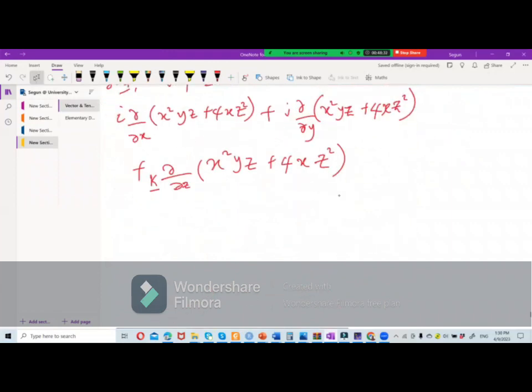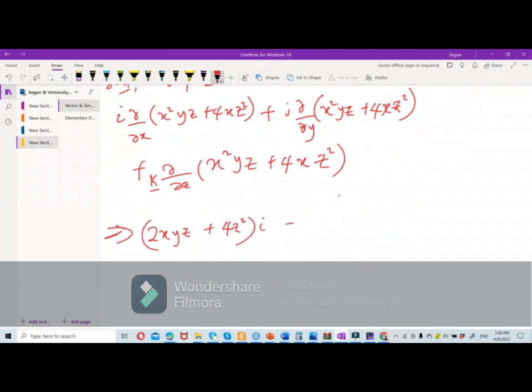I can quickly differentiate this one, then move on. So for us to differentiate this, you have 2xyz plus 4z squared i, plus, we need to differentiate y, you have x squared z j, plus x squared y plus 8xz.